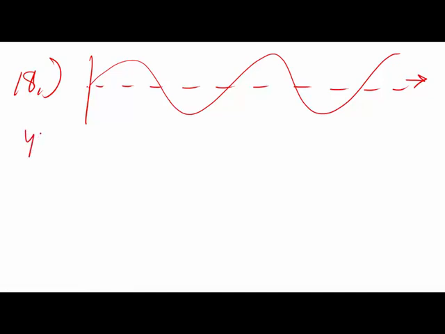And the function of this wave is y with respect to x and t, its displacement with respect to time. Notice it's being displaced in the y and x direction, so you've got three variables here, y with respect to x and t.